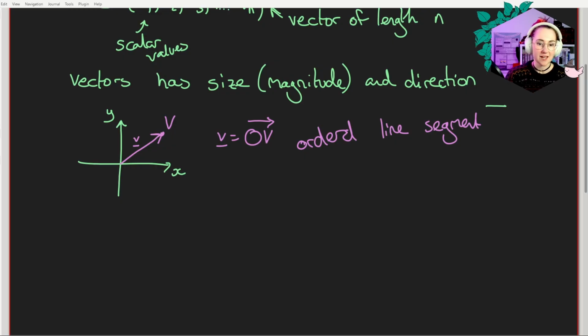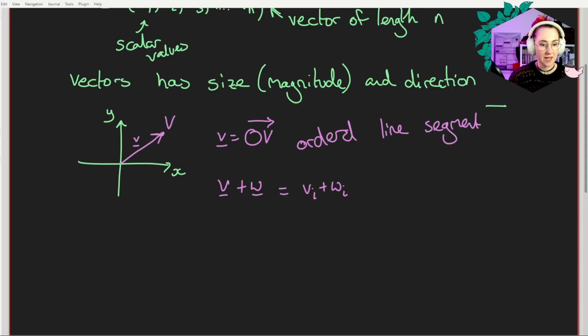We can also then say that vectors have algebra, so vector addition, v plus w, we do that element-wise, so it's vi plus wi, and you just add each element. So you look in the first entry and you add those together, you look in the second entry and you add those together.